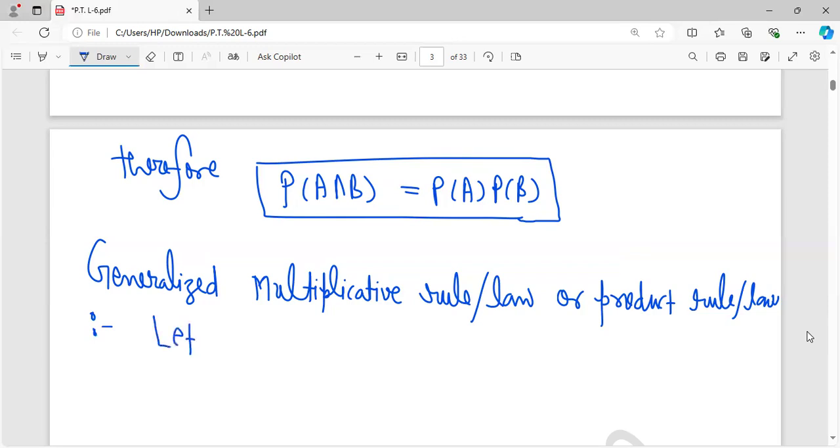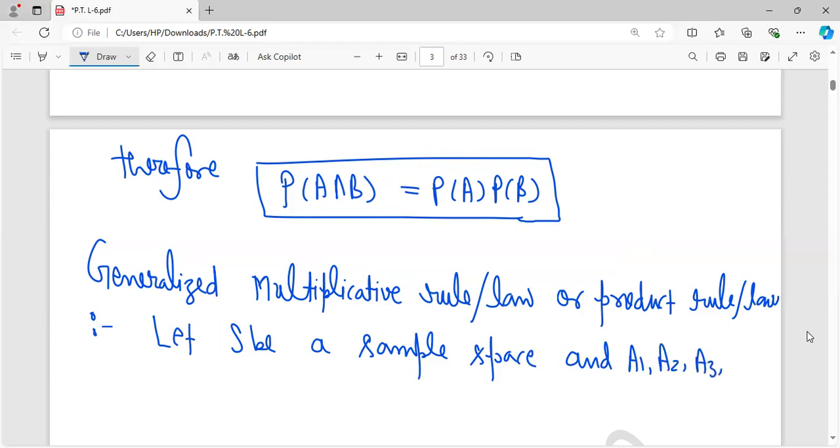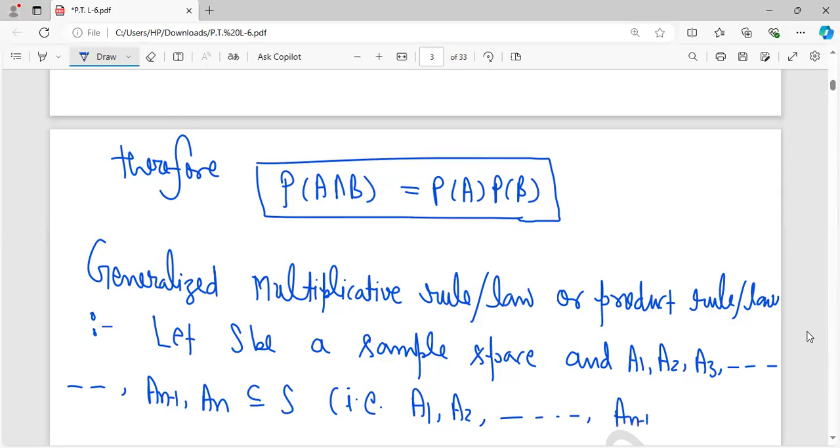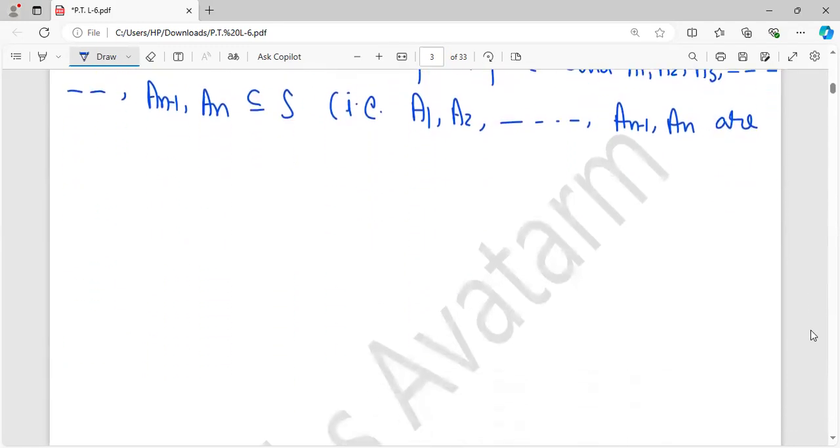So let S be a sample space and A1, A2, A3 and so on up to An minus 1, An are subsets of S. It means A1, A2, up to An minus 1, An are events.